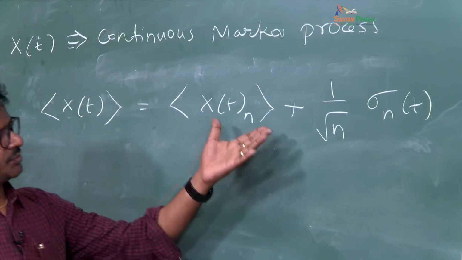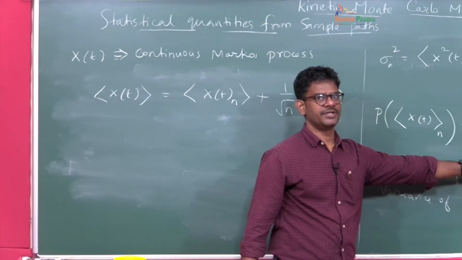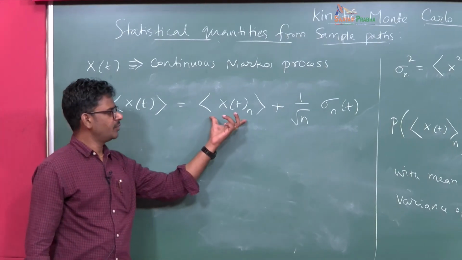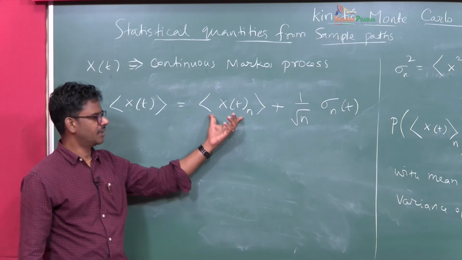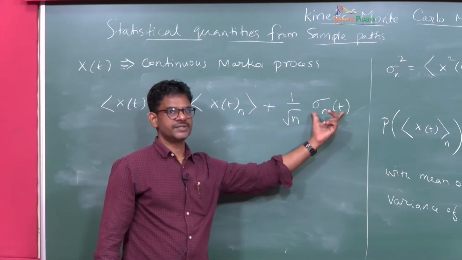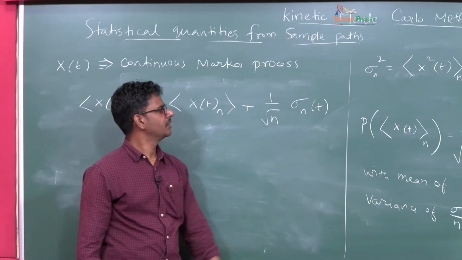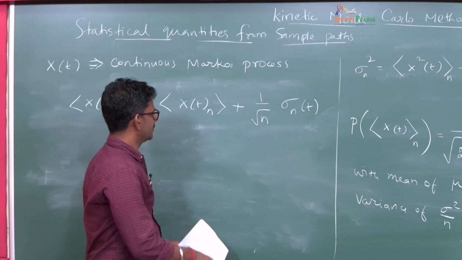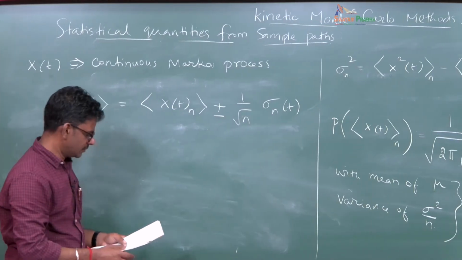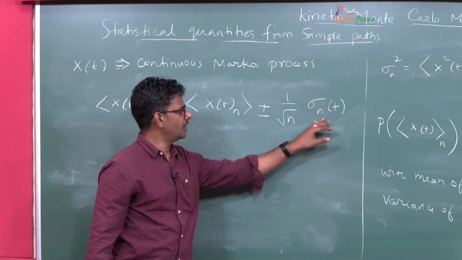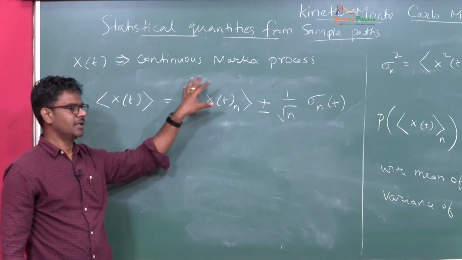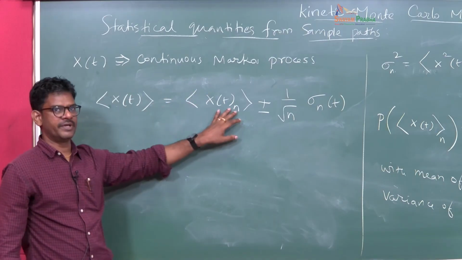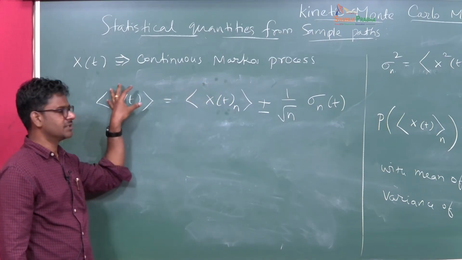So, I am writing this based on this particular central limit theorem result: this is the sample mean we generate from the number of samples, and this is the variance we again calculate from the same number of samples, and this tells you the uncertainty. So, this will tell you what is the error involved in getting this true mean from the sample mean.